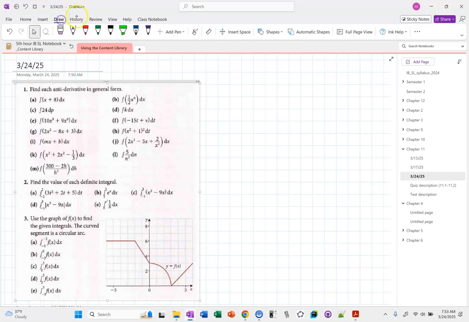All right. So if we're just looking at number 1 right here, this is like bullet point 1. Who sees a problem on here that they can do? You can do A. Great.